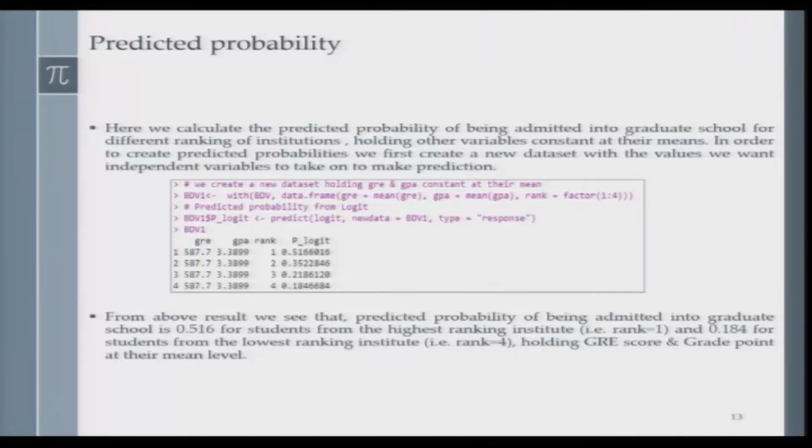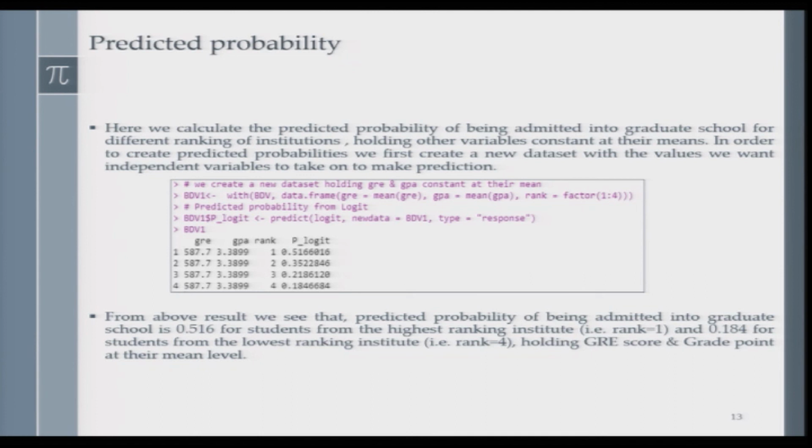Here you see that for the same student I have different combinations of variable values. The first row tells me that the mean GRE score is 587.7 and the mean GPA is 3.3899, and we are assuming that the rank variable takes value 1.